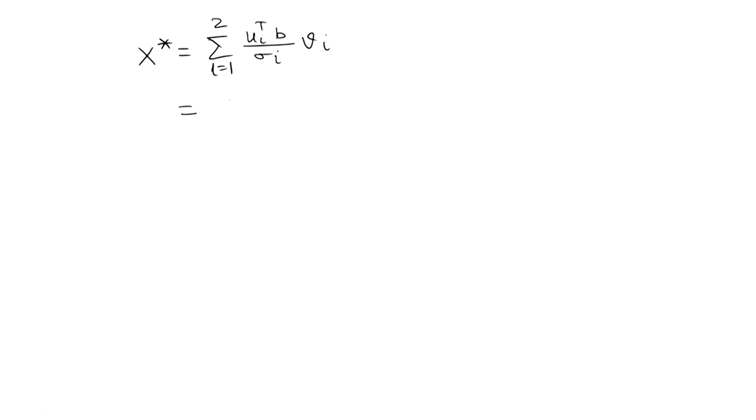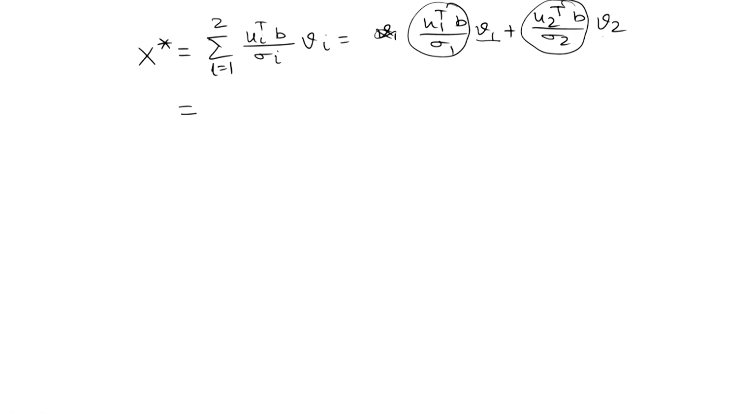So, this will be U 1 transpose B upon sigma 1 into V 1 plus U 2 transpose B upon sigma 2 into V 2, and if I calculate this term, this will be a scalar multiplied with first column of V, this will be again a scalar multiplied with second column of V, this again comes out to be 0 0 3, which is same as x equals to A plus B using the earlier method.